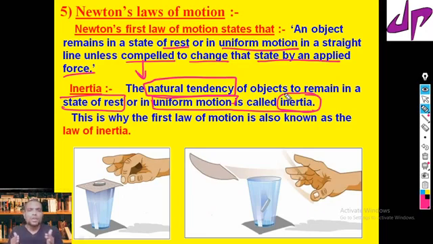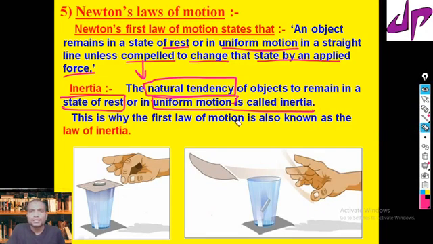Or if an object is moving, it wants to move continuously. Why is it? Because it is its tendency, its nature. Moving is its nature. That nature is what we call inertia.